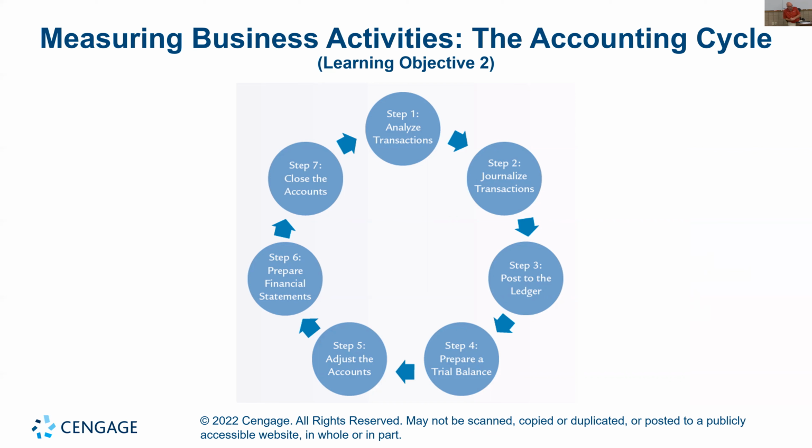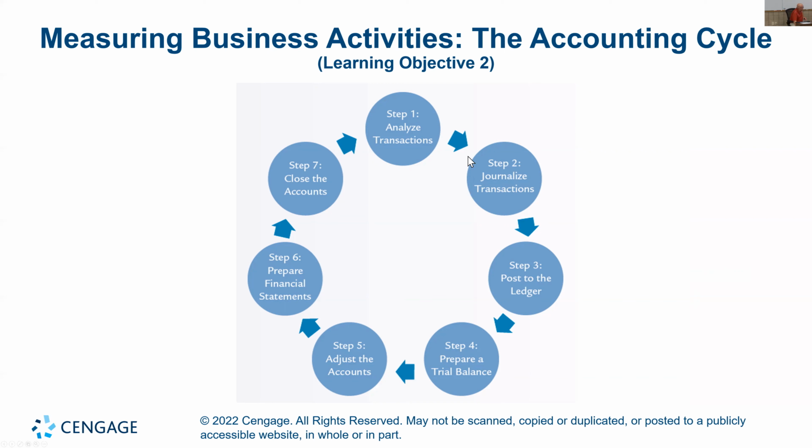If yes, we go on. If it doesn't deal with dollar amounts, what is it affecting? Is it affecting equity, liabilities, assets? How is it affecting that? Then we make sure we keep in step with our accounting equation.